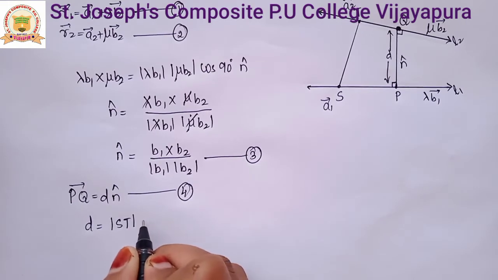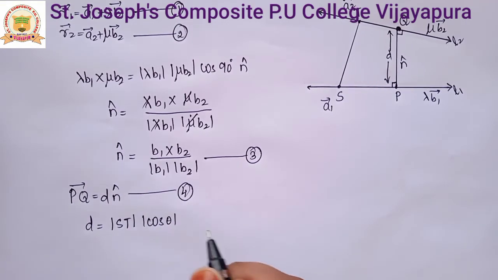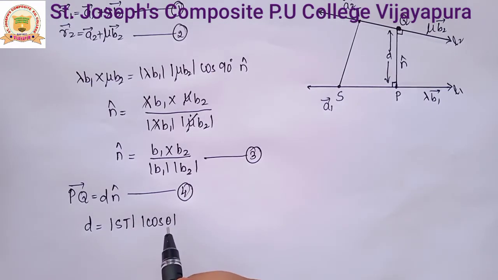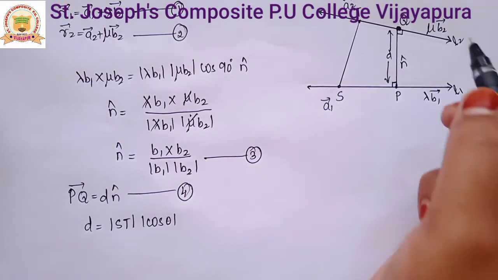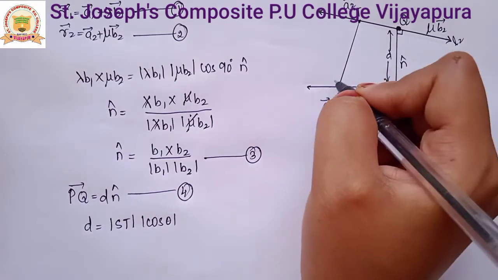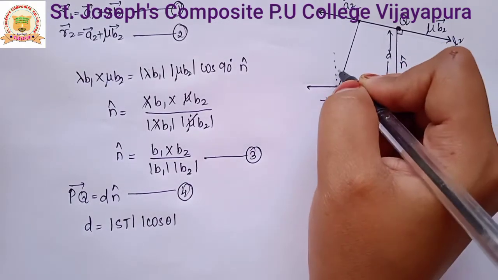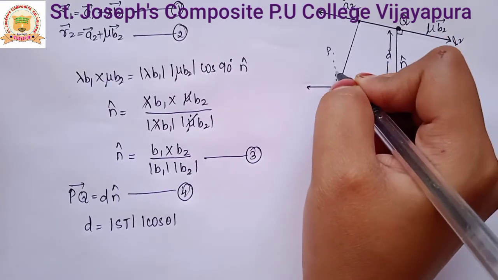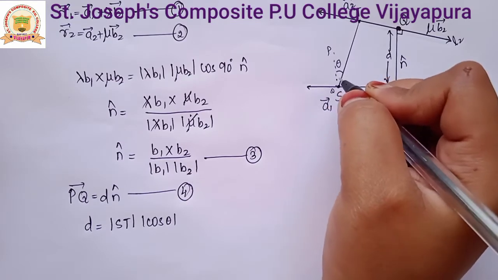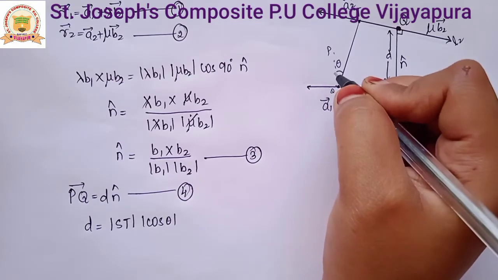into cos theta, where theta is the angle between the line ST and line PQ. Suppose our PQ is here, and this is theta, so theta is the angle between the line ST and line PQ.